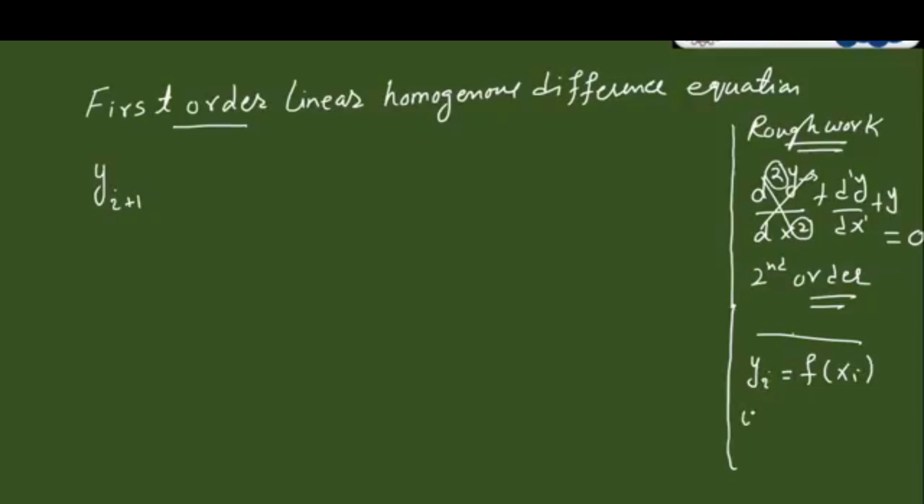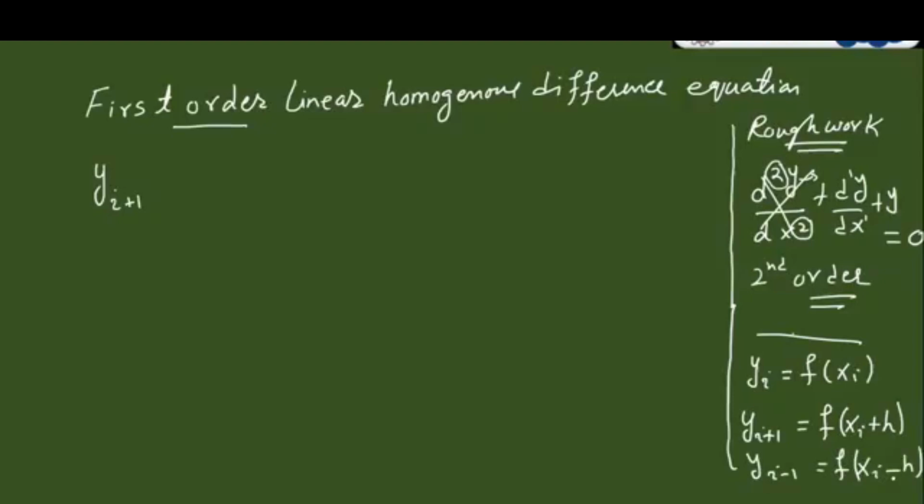But if I say y_{i+1}, this means that I want to read this function at x_i, but by adding amount h. Similarly, if I have y_{i-1}, I want to read the function, which is obviously not given to us, at the point x_i minus h.